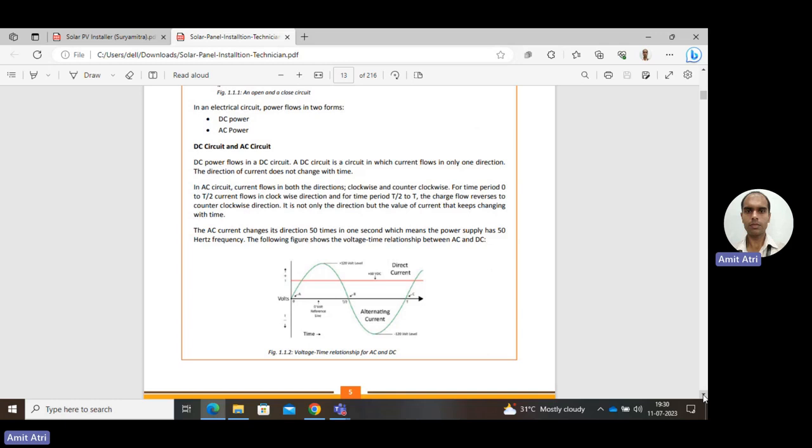So here in figure 1.1.2, the red line shows the direct current, whereas the green curve shows the alternating current. So how many such changes does the current make in 1 second? That is the frequency. The standard frequency in India is 50 Hertz, meaning the current changes 50 times.